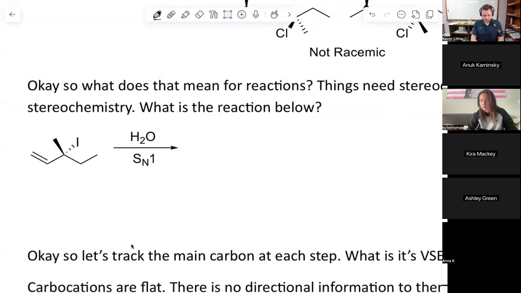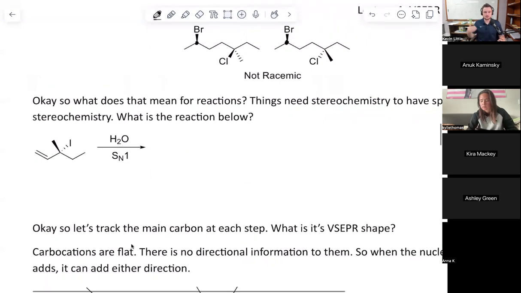Let's try to do this SN1. So spend a second, do the mechanism. What's happening in this SN1?